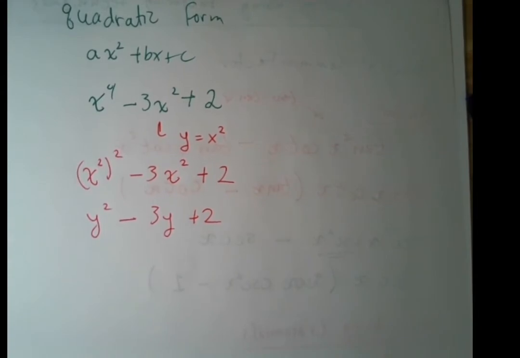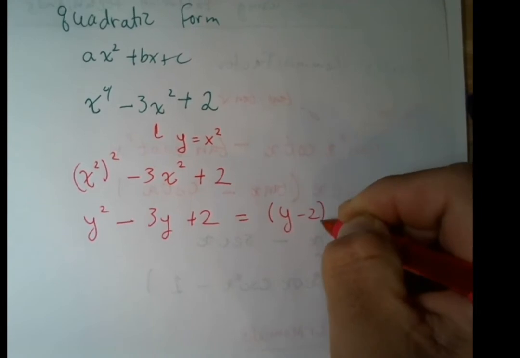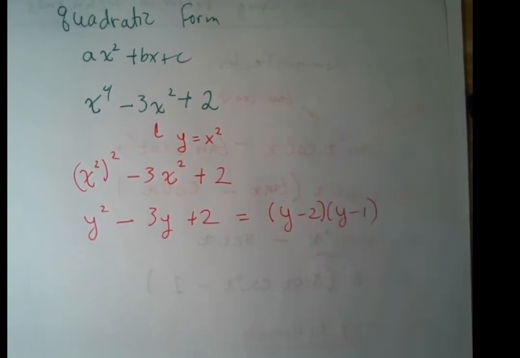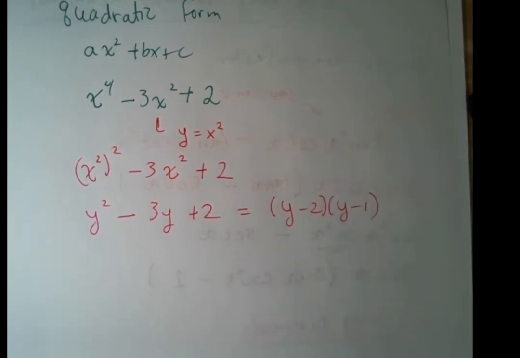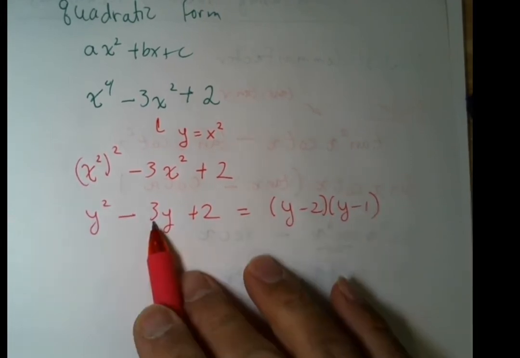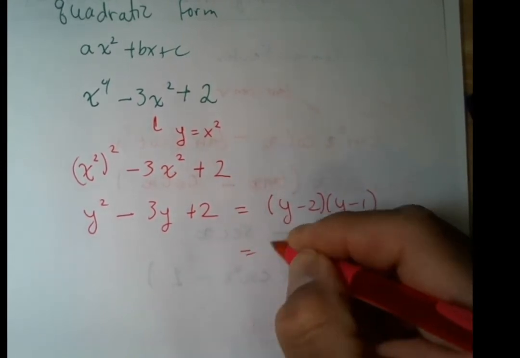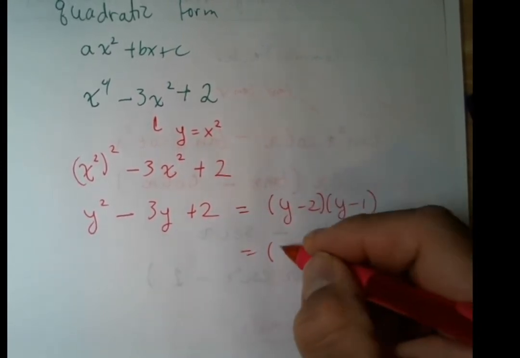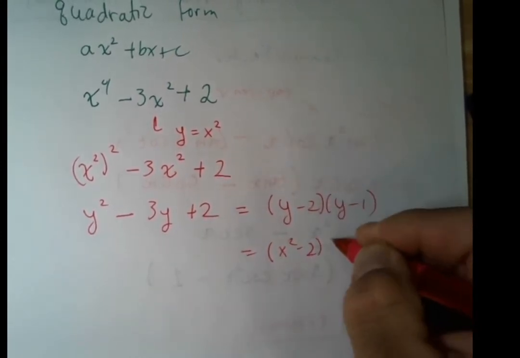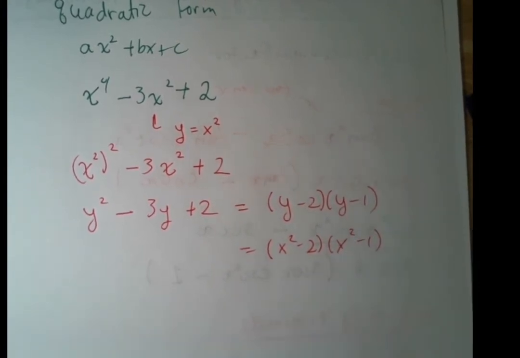And now we have a quadratic, and that could be factored into this. Okay? Outer, inner is -1 minus 2, gives us -3y. Last one is plus 2. And again, in the end, don't forget to substitute back in.